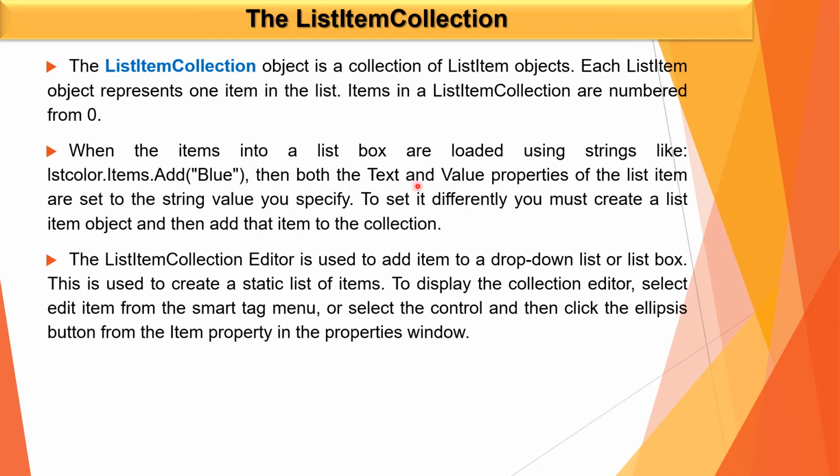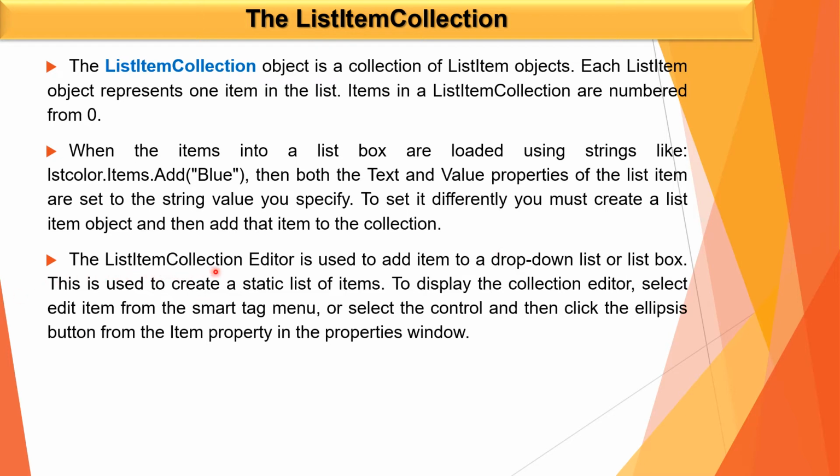Then both the text and the value properties of this list item are set to the string value you have specified. To set them differently, you must create a list item object and then add that item to the collection. So you can add this item, that is the Blue item, to the list.